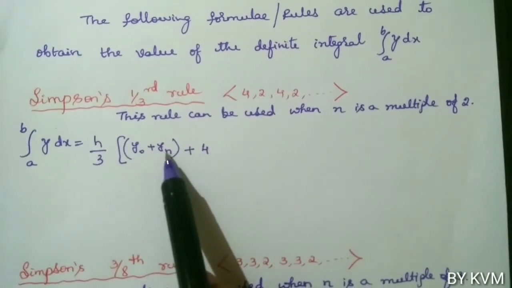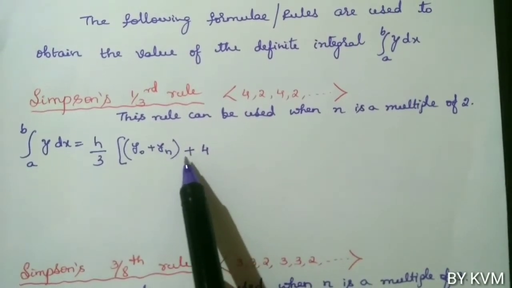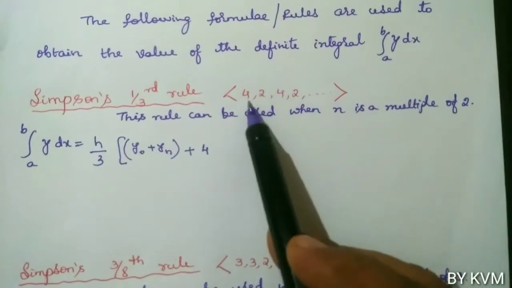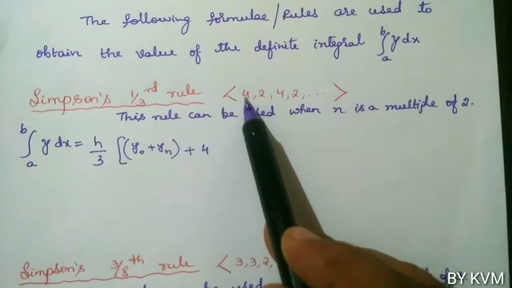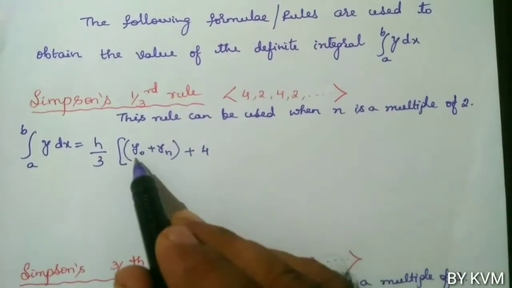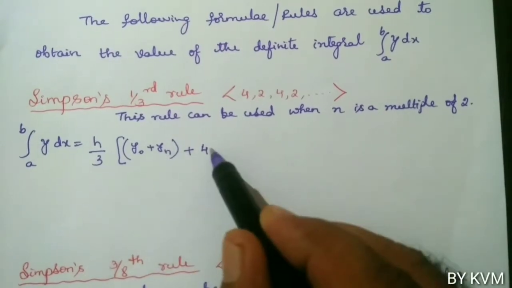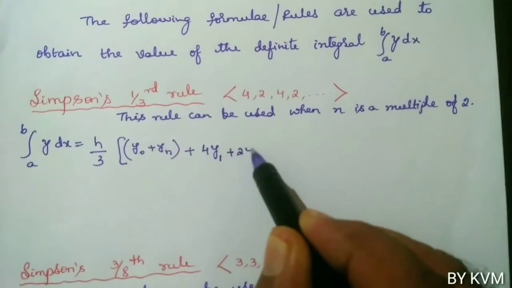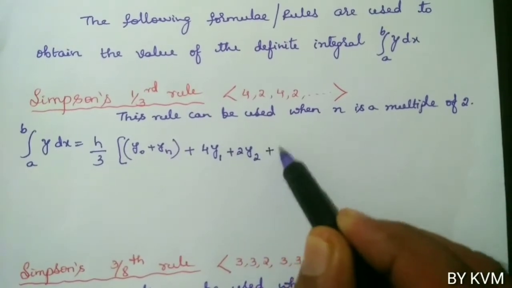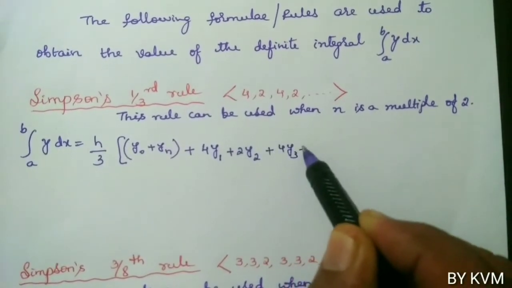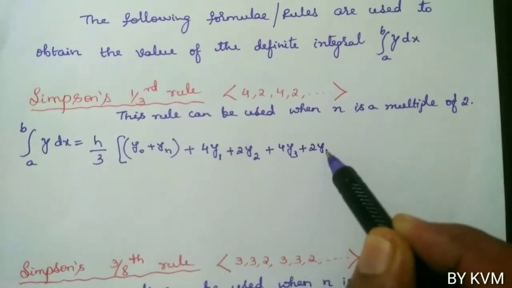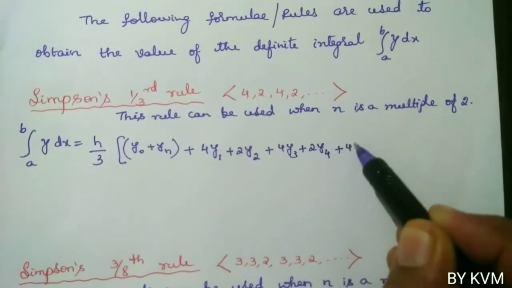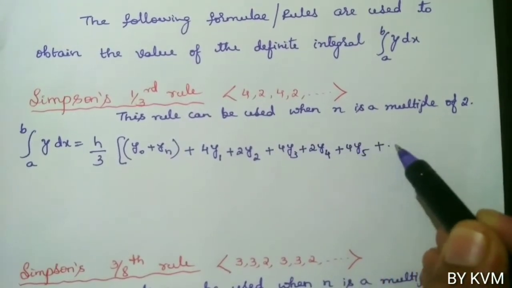First value plus last value of y, plus the rest of the values of y, which you have to multiply by 4 and 2. So first value plus last value, then the remaining y values, that is 4 into y1 plus 2 into y2 plus 4 into y3 plus 2 into y4 plus 4 into y5, and it continues.